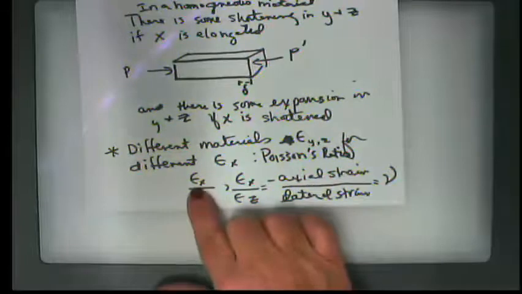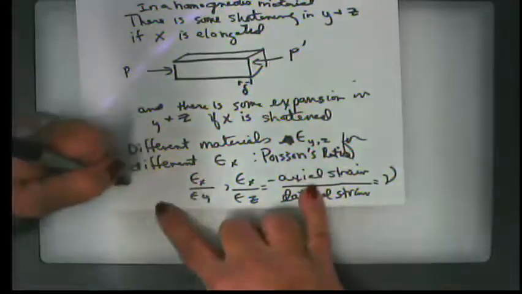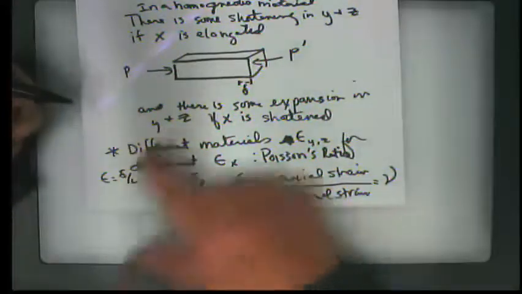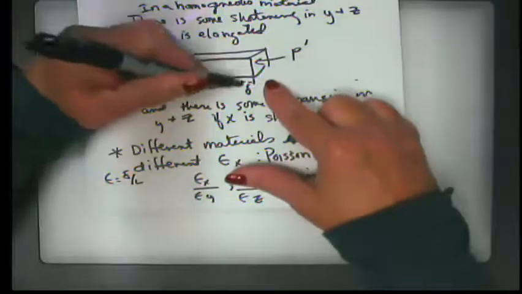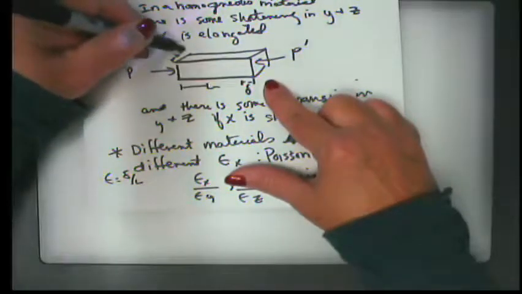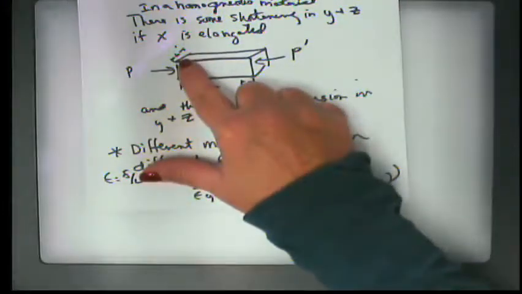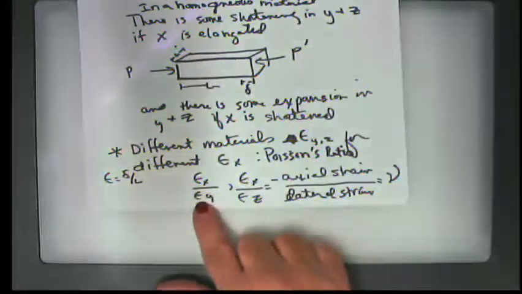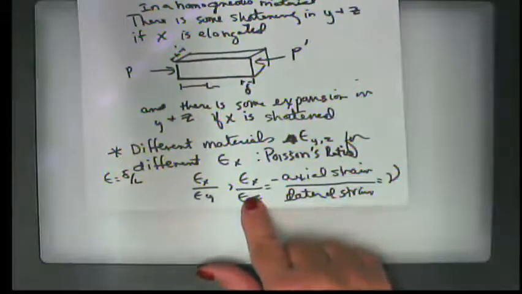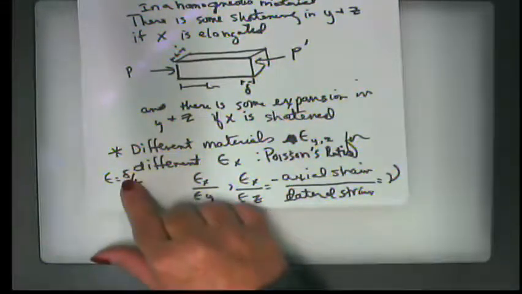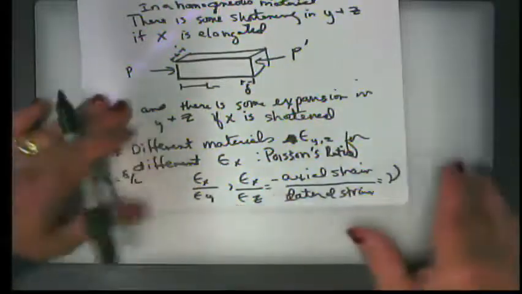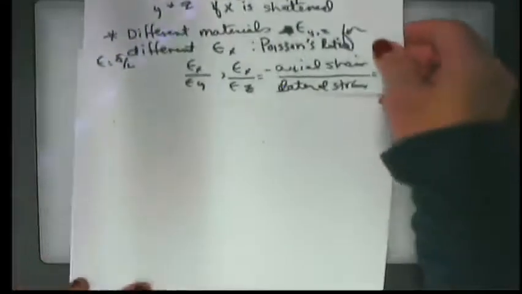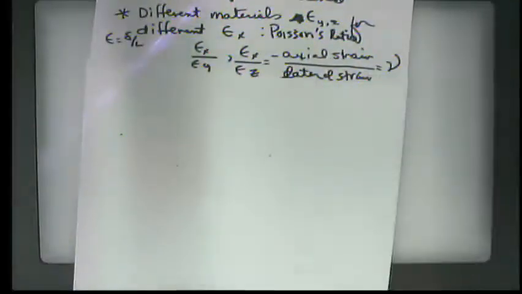And it's important to note we are not talking about del, because if you remember, epsilon is equal to del over L, right? And the length on the axis is going to be significantly different than L on the lateral side. So we have to make sure that we're basing this on the dimensionless strain, not the dimensional del, okay? But basically, we can use Poisson's ratio to determine what that value is.